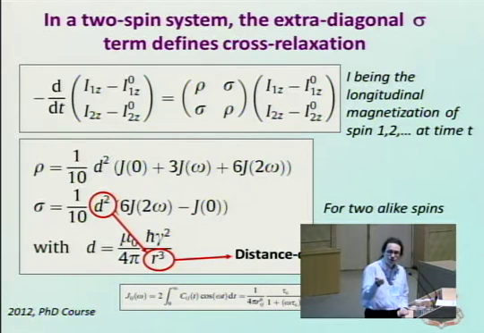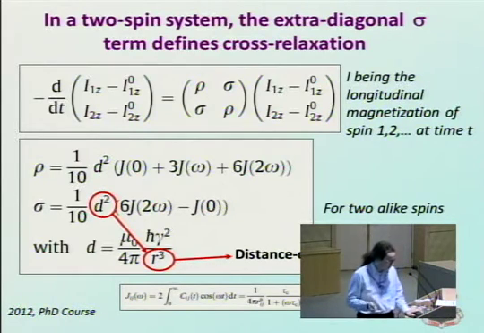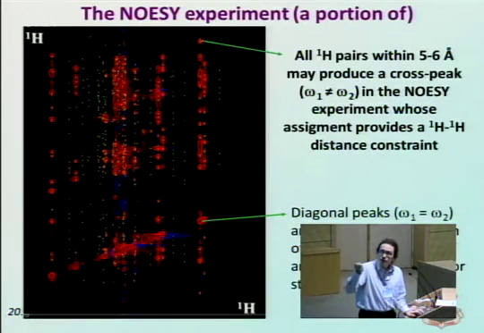And sigma contains a parameter which in turn contains the distance between the two nuclei. So because this is d squared and d is dependent on the third power of the distance, the effect is dependent on the sixth power of the distance between two nuclei, which actually has the practical implication that if two nuclei are farther than 5-6 angstroms, you will not be able to measure any interaction.